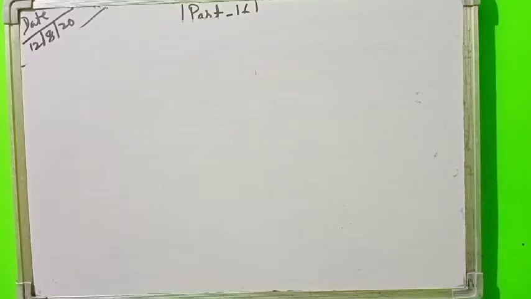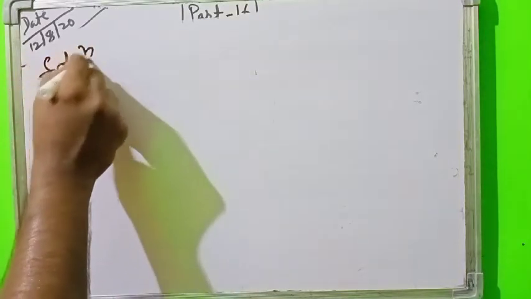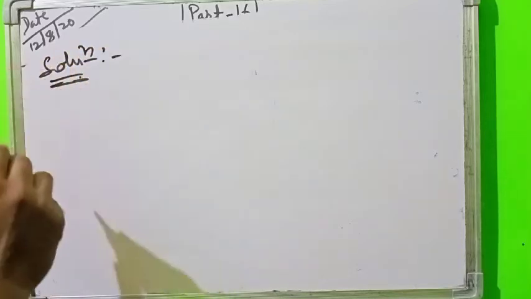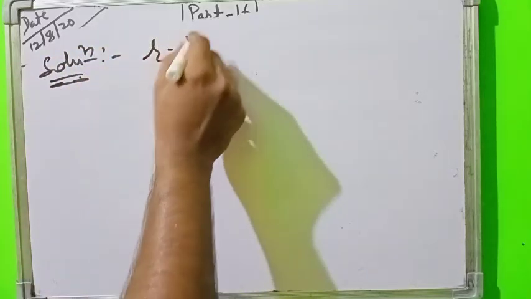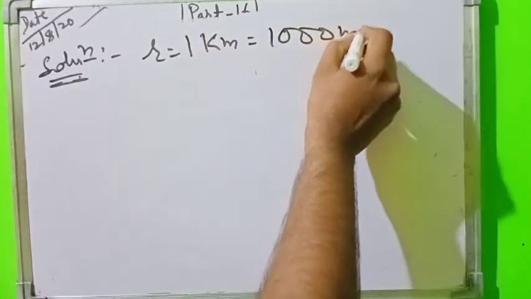Look at the solution of the question. Here R is given as 1 kilometer, that is equal to 1000 meter.